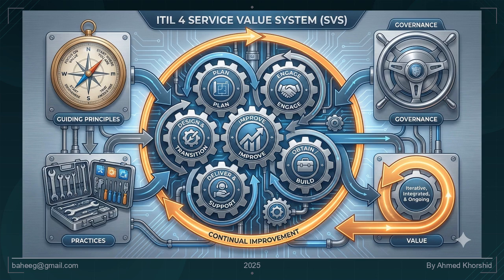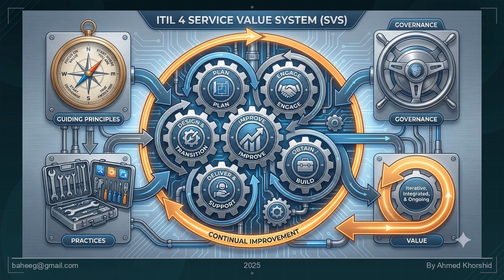Figure: extra detailed AI-ready prompt for an AI-generated diagram showing the ITIL 4 Service Value System, SVS, as an integrated, dynamic machine. The center is the service value chain, 6 activities: plan, improve, engage, design and transition, obtain/build, deliver and support, depicted as interlocking gears.